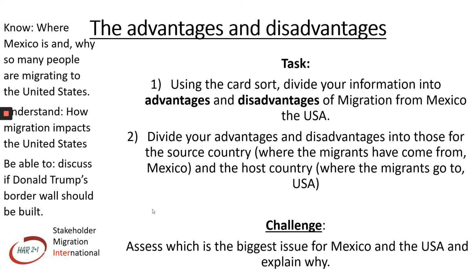Okay, so pause. Okay, now you should have done that one there, and we're not going to go through that one right now because this one's a bit more subjective, meaning that it's what you tend to think advantages and disadvantages are.